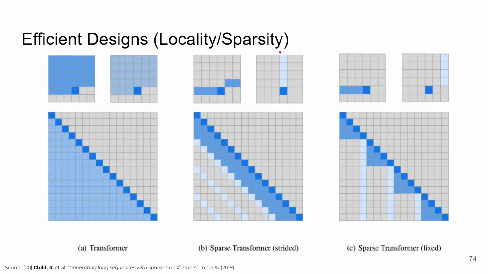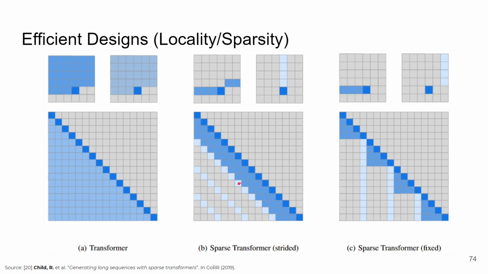Same idea here, where we perform 2 separate operations, one local operation and one sparse operation. This is going to be the tokens in the image that I'm attending, and this is the attention matrix actually. The gray areas are not computed. By only computing the blue ones, I'm reducing the number of operations, and this is going to be easier to store in memory.